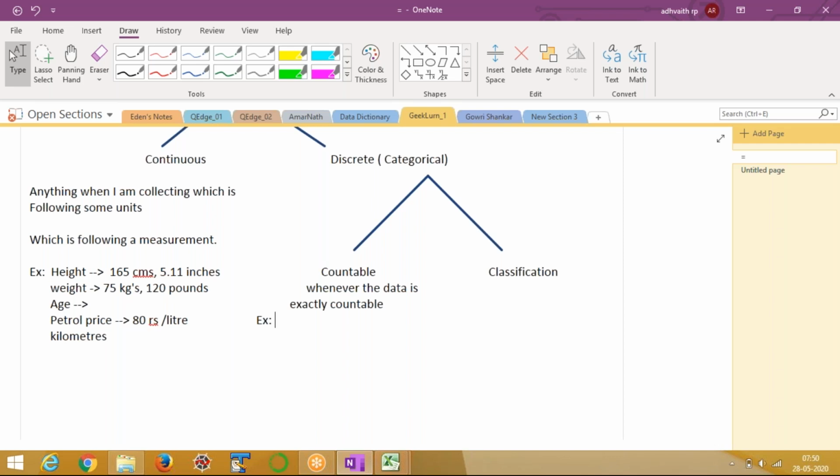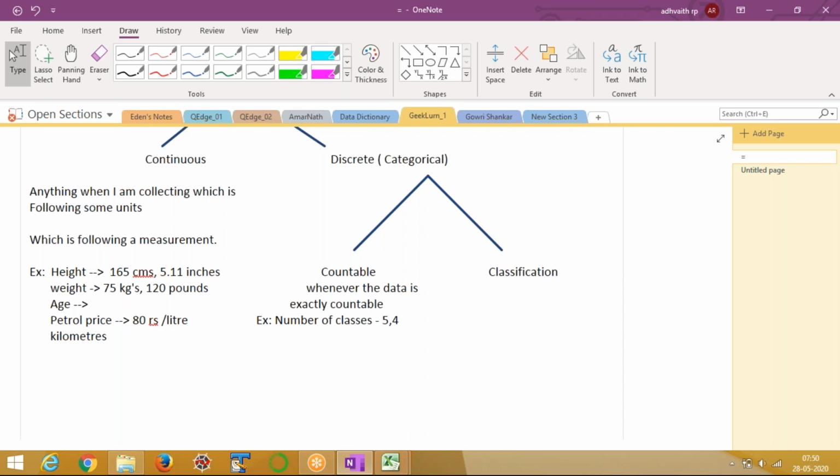If I ask you how many classes you have attended till now, that means the number of classes that you attended, you will say 5 or 4, 3, 6, like that. You will say a number. Can you say 4.5 classes? It's not meaningful. Either you attended it or not. So 5 or 4 or 3.